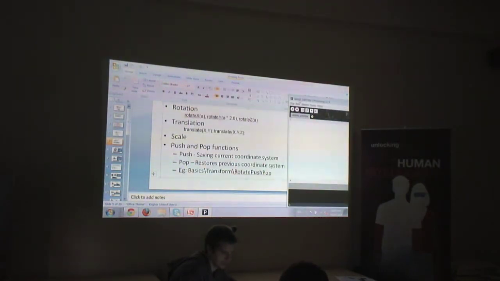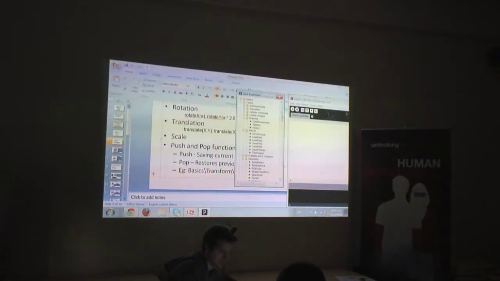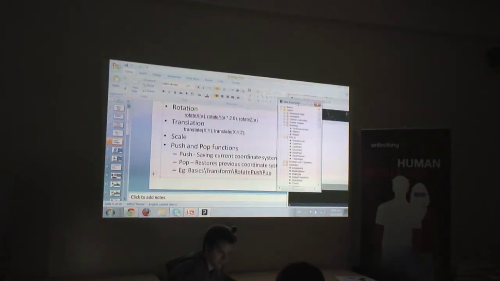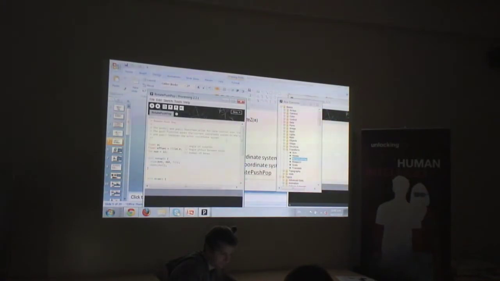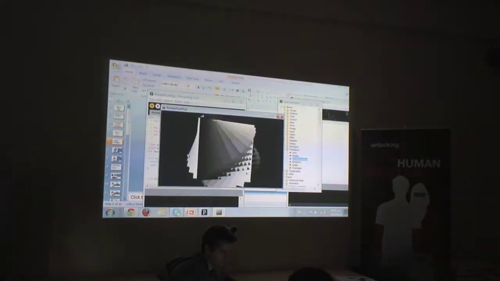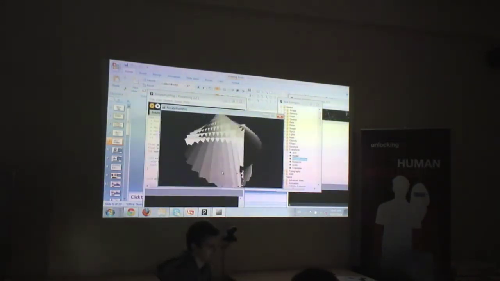Right, so there's one here which shows the usefulness of push and pop. Basics, Transform. So we looked at ARM the other day, that's the rotating one. But we can have a look at rotate push pop, which does this one.